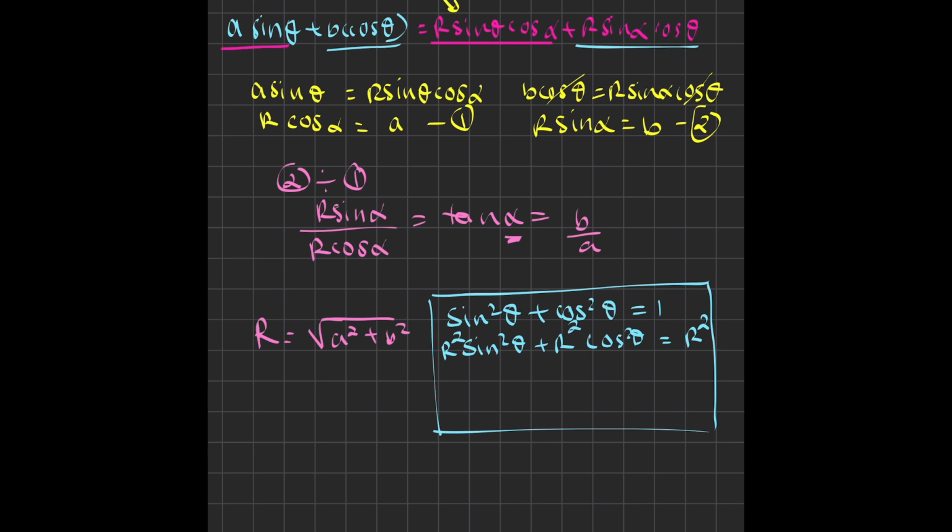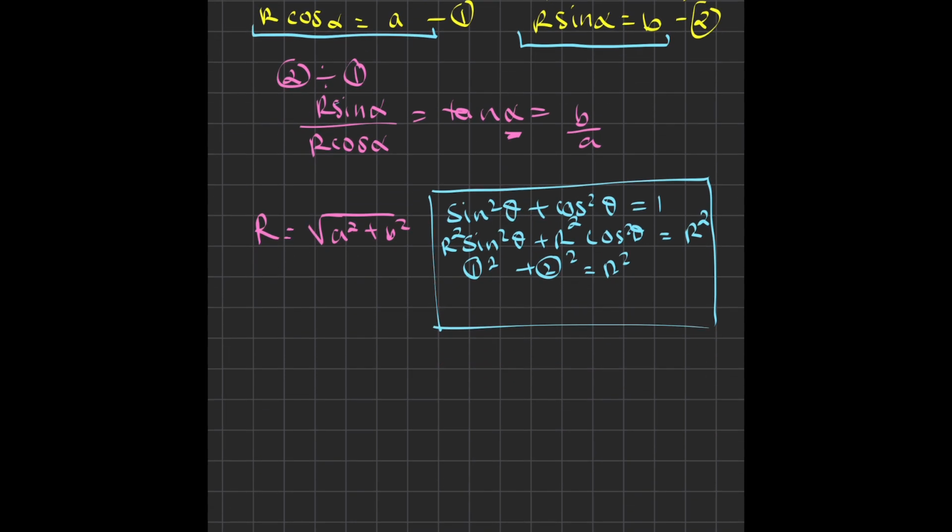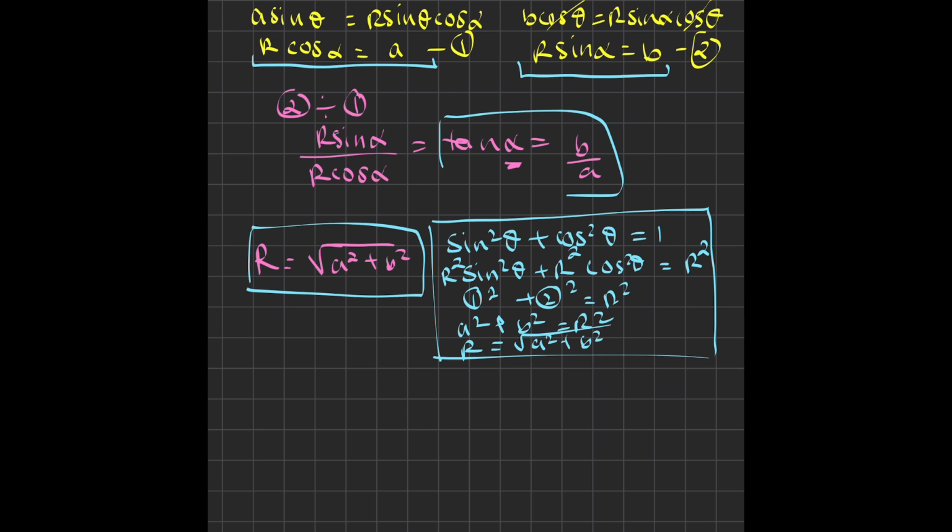Yeah, so what we're doing is in this section, we've just squared it and put it here. This is the same as 1 squared plus 2 squared will give us r squared, right? So this means that we now have a squared plus b squared equals r squared. So r will just equal root of a squared plus b squared. Hopefully that makes sense.